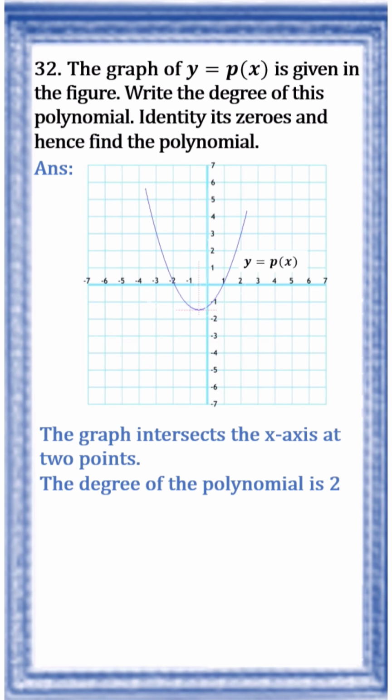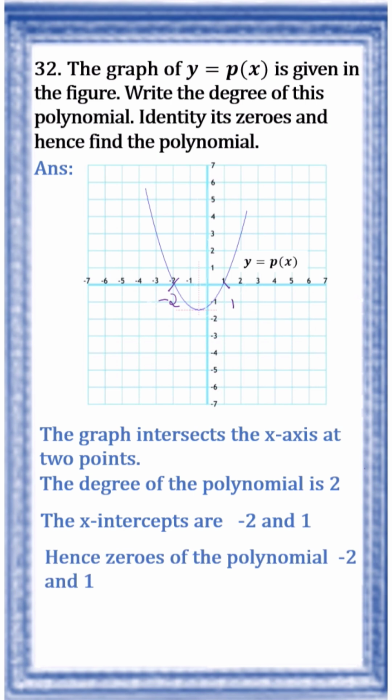the graph intersects the x-axis at 2 points. One is this one, another one is this one. So degree of polynomial is 2. X-intercepts are negative of 2, this is negative of 2, this is 1.